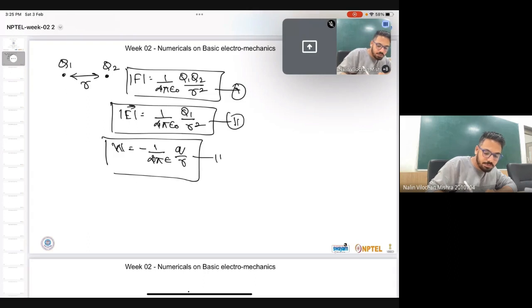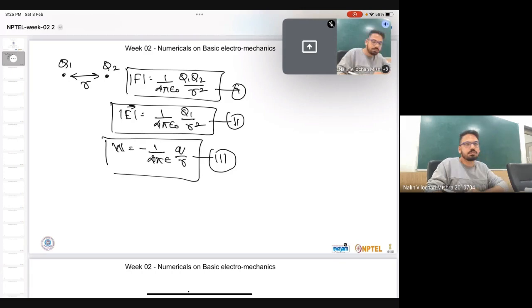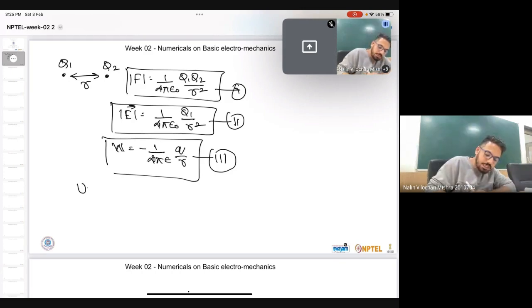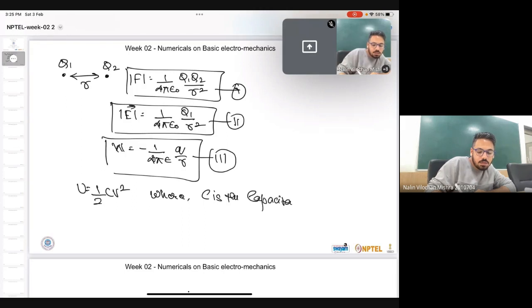One more thing, the energy stored, which can be written as half CV square, where C is the capacitance, and V is the voltage applied across the capacitor.